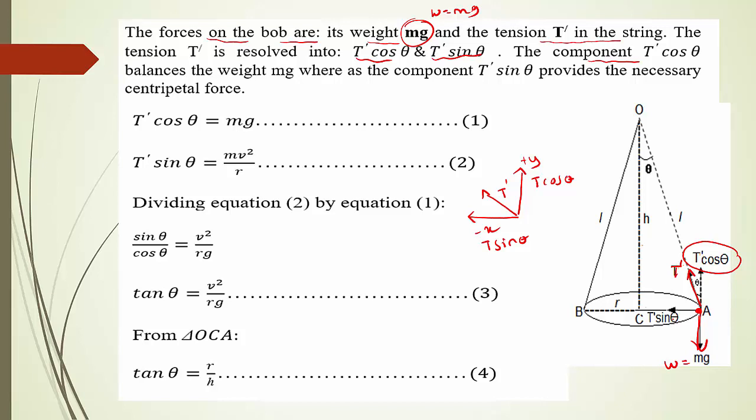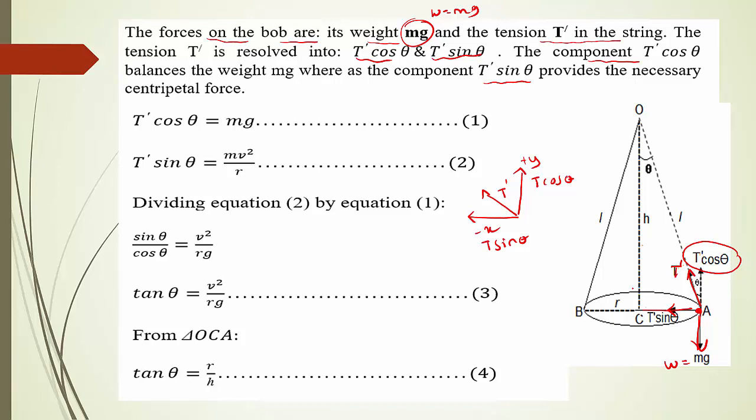So T dash cos theta balances weight, whereas the T dash sin theta component will provide the necessary centripetal force, because when a body is moving in a circular path, it requires centripetal force. If there is a centripetal force, then only the particle will move in a circular path.